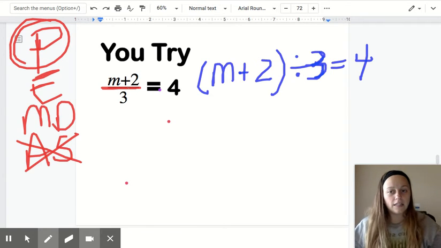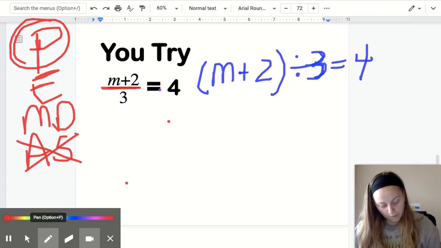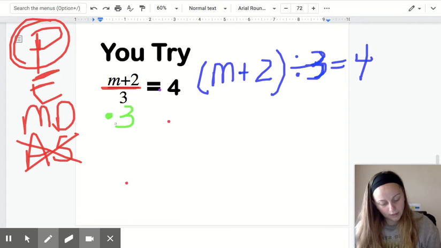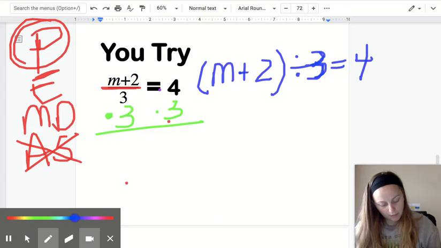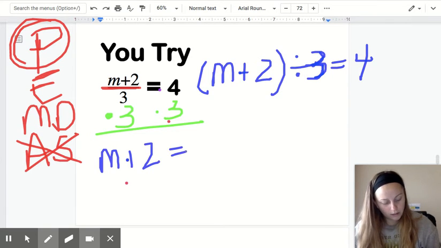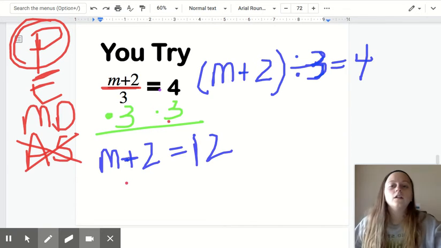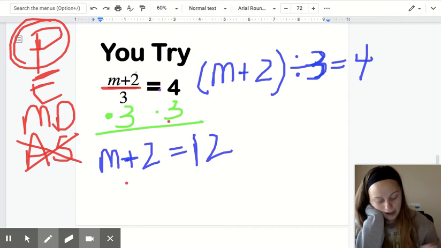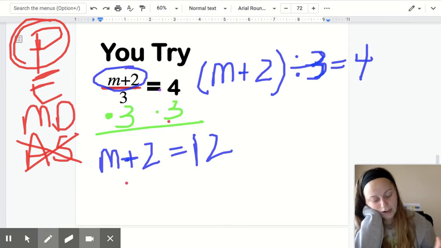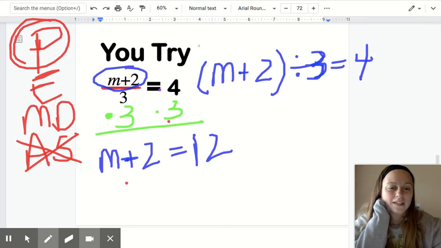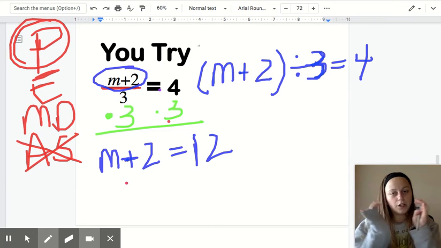So I'm going to get rid of my divide by 3 first here by multiplying it on both sides. So again, I multiplied by 3 on both sides. And I'm left with m plus 2 equals 12. So again, because everything was on the top of my fraction bar, that's really saying it's lumped together.